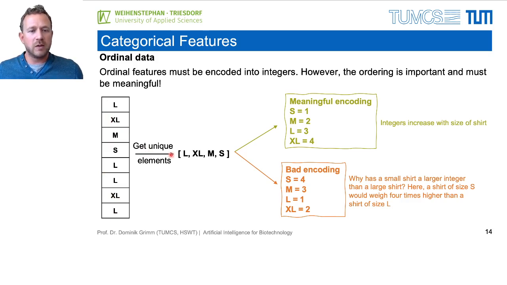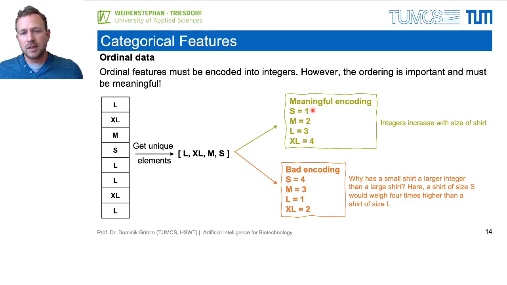First, we get the unique elements in this list, which is in our case L, XL, M, and S. And we know that there is an order in our case. So there is a meaningful encoding and a bad encoding. A meaningful encoding would be that S gets the smallest value because it's the smallest size that we have in our data set here. M gets the next biggest integer, L the next biggest, and XL the highest integer.